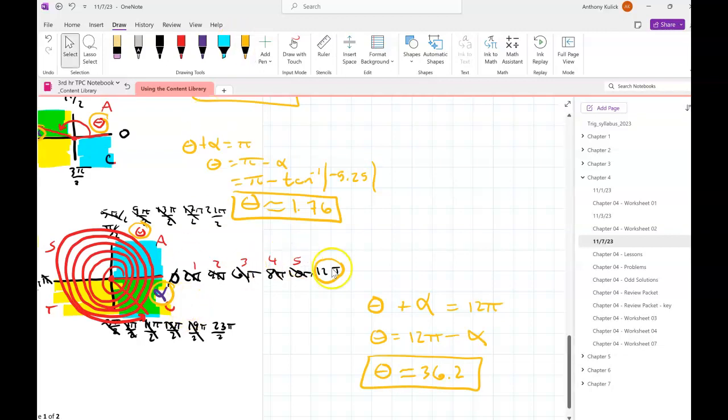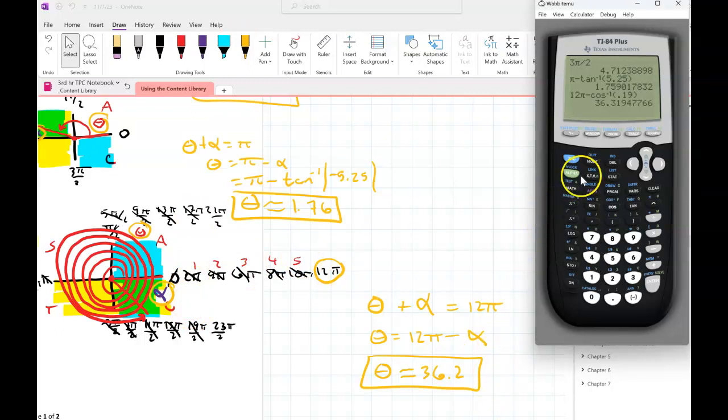How do we check that again? We do cosine of our answer to see if we get 0.19. Yes. And then we check to make sure 36.2 is bigger than 11 pi. Yup. And smaller than 12 pi. Yup. Answer done.